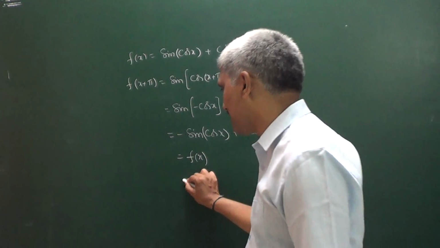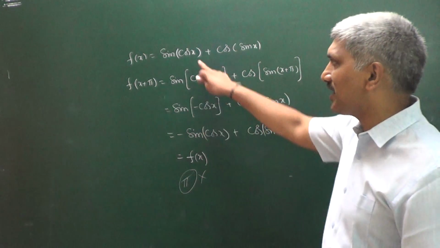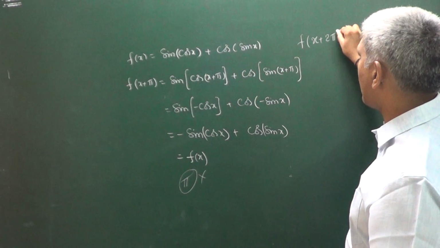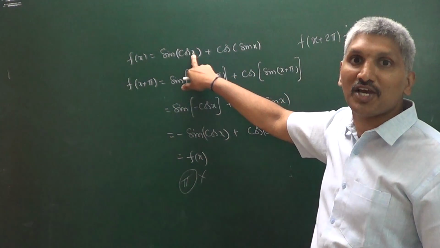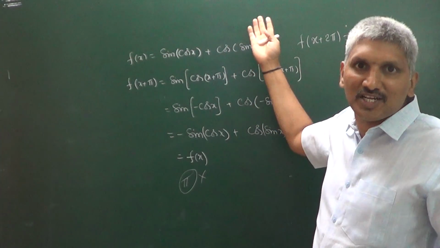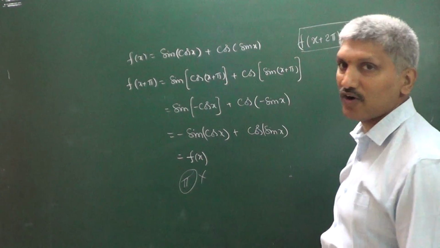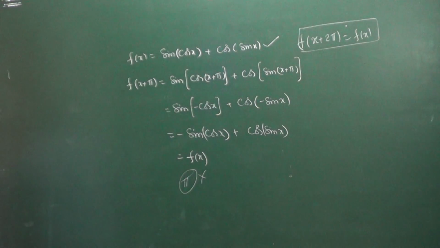That's why we can say π is not the period of the function. But you can check 2π. f(x + 2π) definitely we will get f(x). You can check, cos(360 + θ) is cos θ, sin(360 + θ) is sin θ. The function remains the same only. That's why f(x + 2π) is equal to f(x). So this function is a periodic function with a period 2π, we can say.